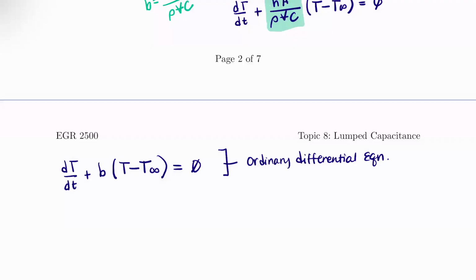In order to take care of some of the integration that we're going to do in a simpler way, I'm going to make a substitution at this stage. So I'm going to let theta, which is a function of time because temperature is a function of time, be T minus T infinity.